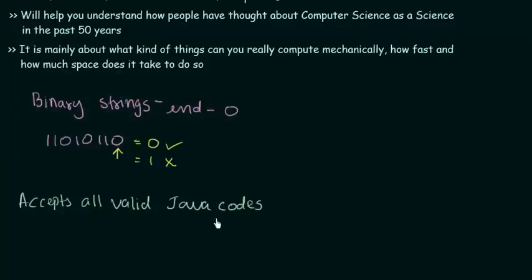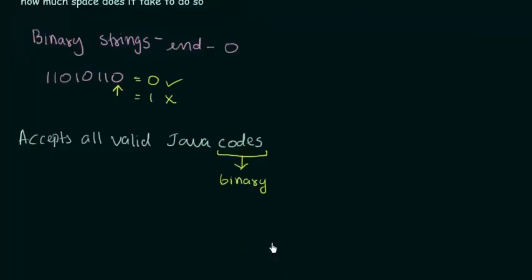My machine should check the binary equivalent of my codes. When I write a code in Java, it should check the binary equivalent of these codes, and from this binary equivalent it should tell whether this came from a valid piece of Java code or it is invalid. Okay, so my question is it possible to design this kind of a system?